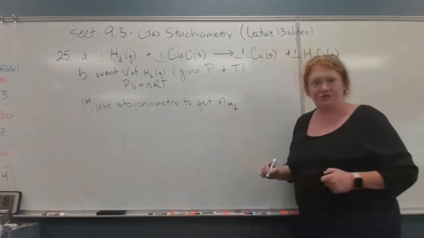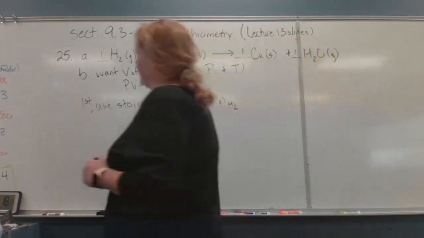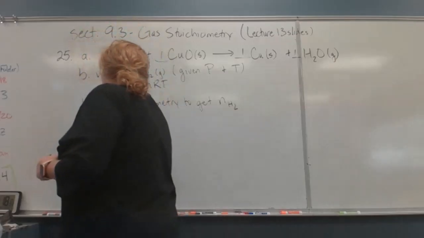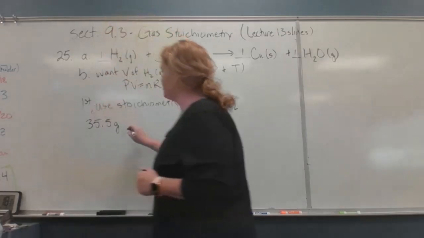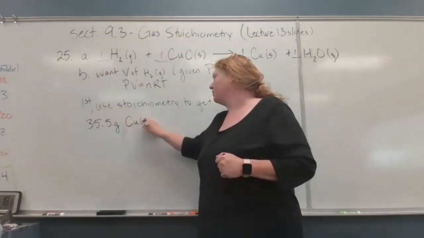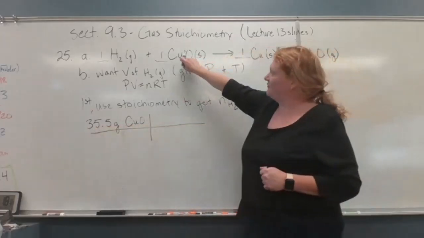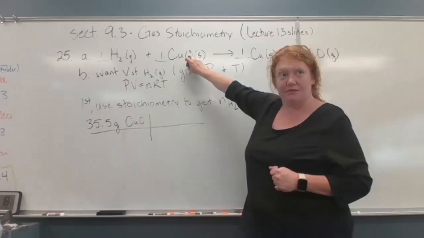Moles of hydrogen gas. So we were told 35.5 grams of copper 2 oxide, so of CuO. We got to convert that gram amount to moles of this compound.